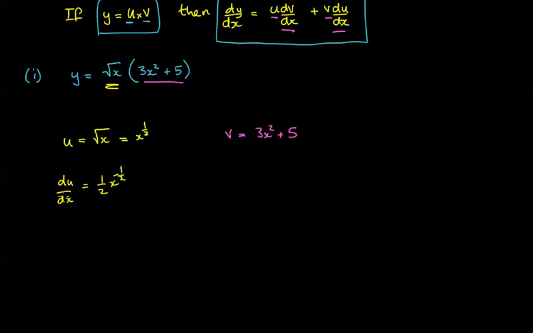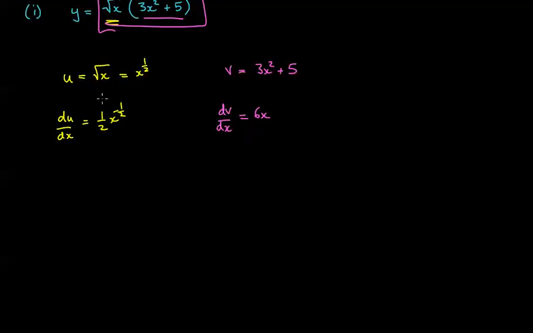So du by dx is a half x to the power minus a half. What would dv by dx be? That's easy, just 6x, and nothing else. Now all we need to do is plug into this template the correct bits to work out the derivative of our function.